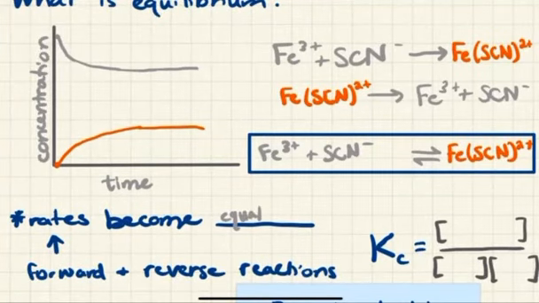So just as many events in the forward reaction are occurring as events in the reverse reaction, and so the concentrations don't really change anymore over time. They've essentially leveled off. That average concentration is very stable at that point. So that leveling off point is what we would label to be equilibrium.